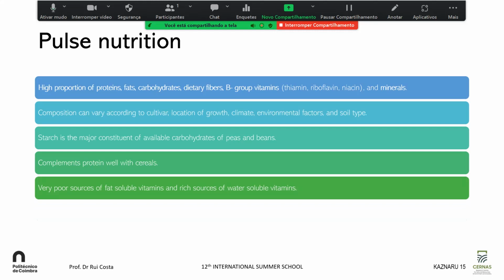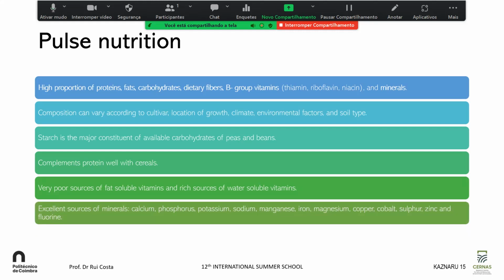And they are very poor sources of fat, which is also needed in our diet, especially omega-3. They are also very poor sources of fat-soluble vitamins, although they are rich sources of water-soluble vitamins. They are also excellent sources of minerals: calcium, phosphorus, potassium, sodium, etc.